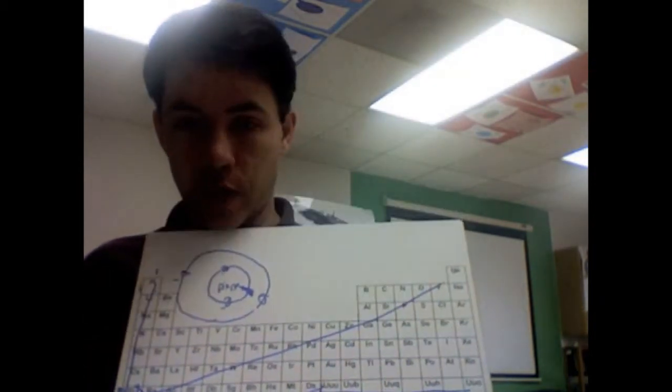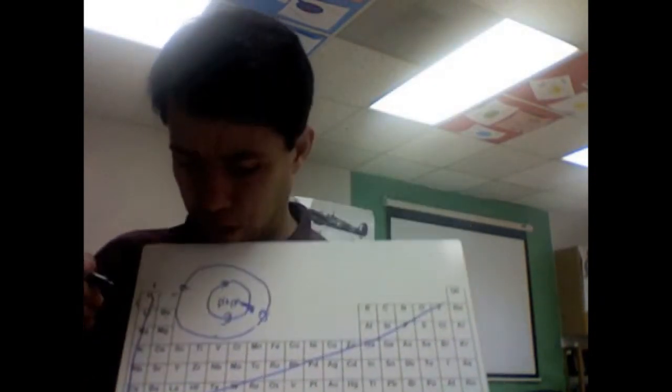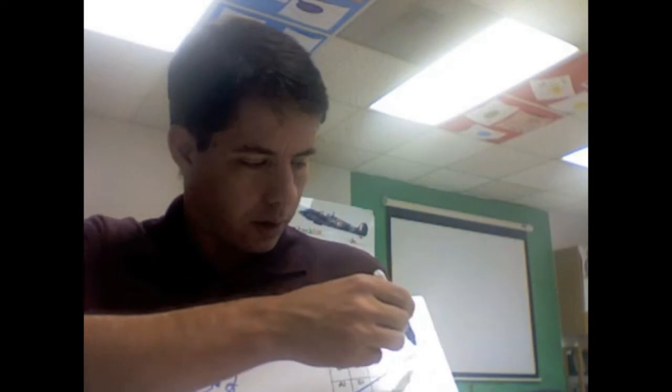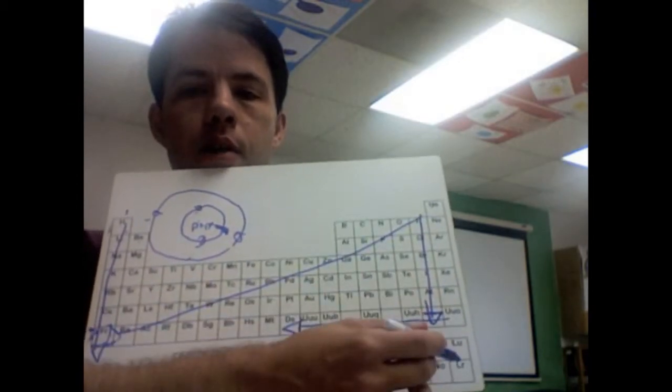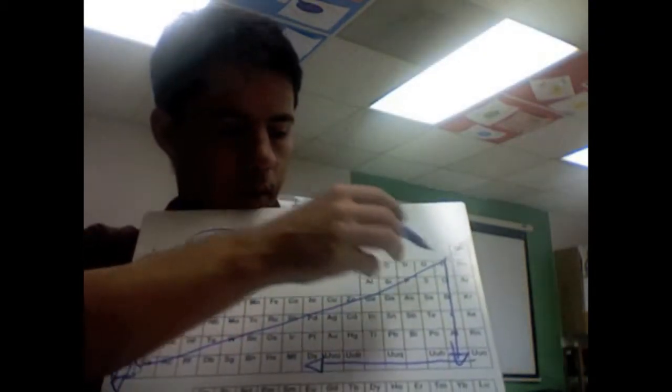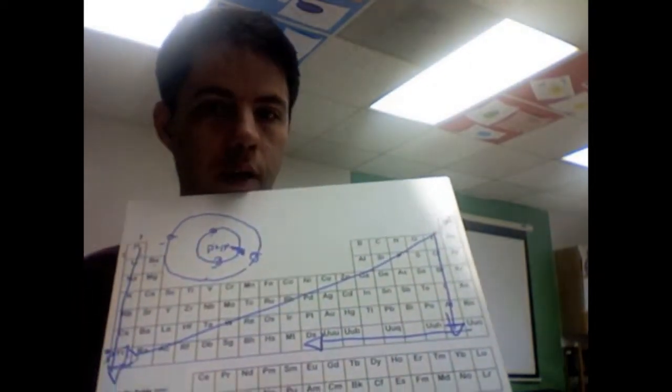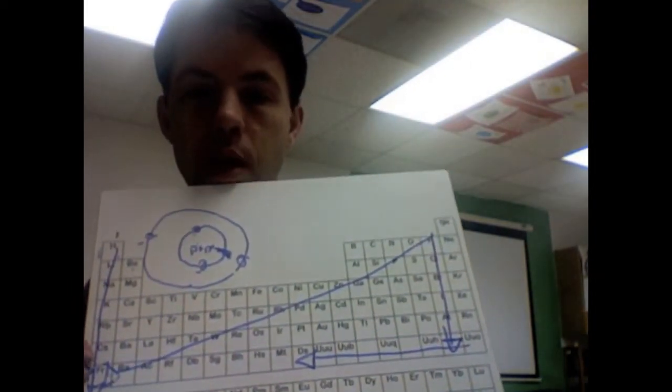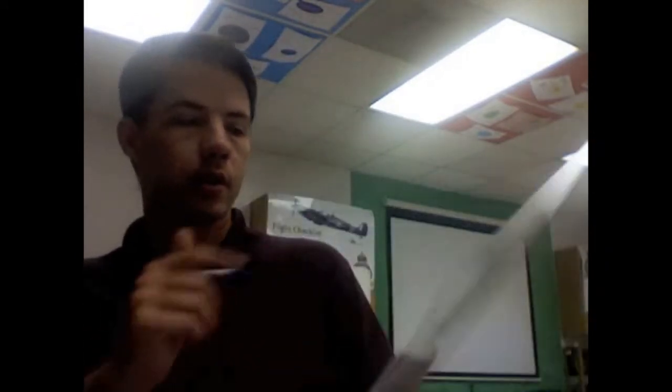You can almost think of it like the legs of a triangle. As they go down, they get bigger, and as they go across, they get bigger. So they get bigger following this diagonal. And that's for atomic radius.